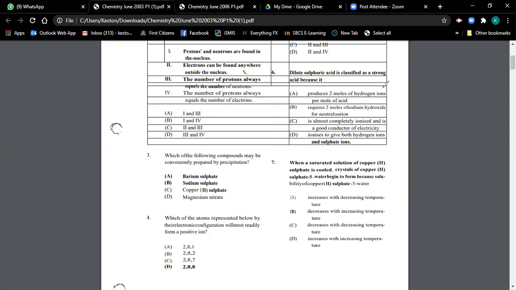Basically, you have two solutions, one providing the cations and one providing the anions. When you mix the solutions, a precipitate is formed, precipitate meaning that it's insoluble, and then you could filter to separate the precipitate, wash it with distilled water, dry it, and that's how you're going to be able to get your salt. So you're looking for an insoluble salt.